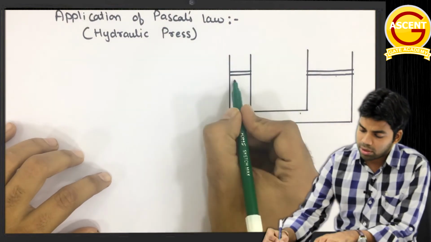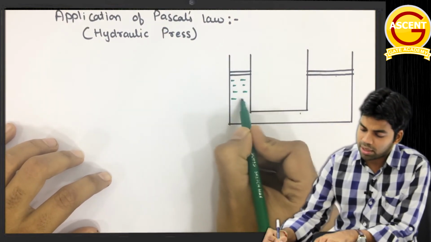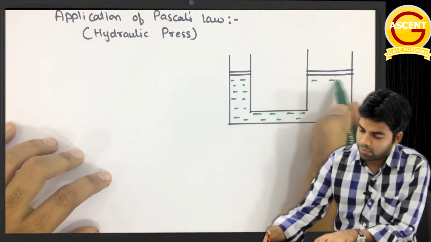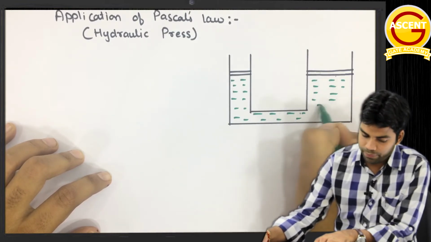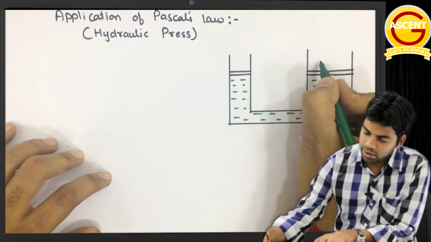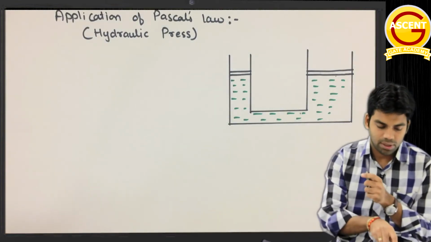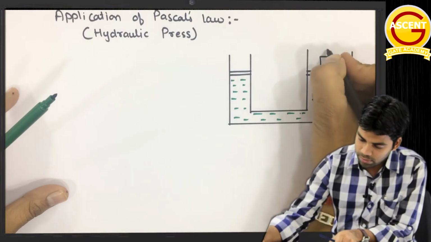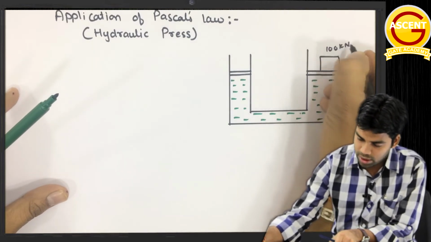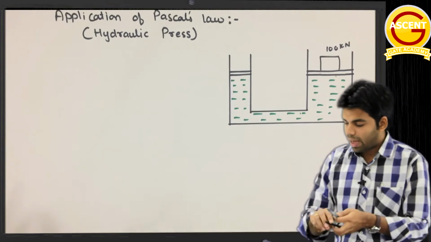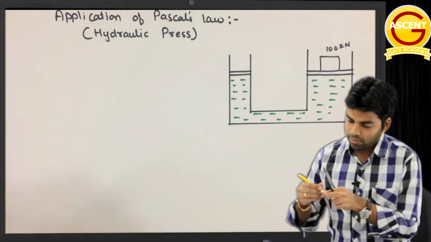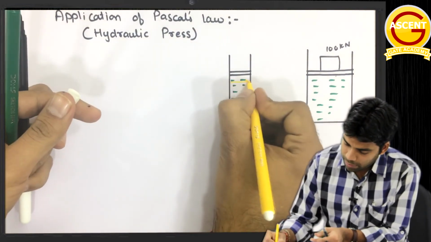So suppose this type of arrangement is there, and inside this we have a fluid. Here the weight which is to be lifted is kept, suppose 100 kilonewton. Getting this?